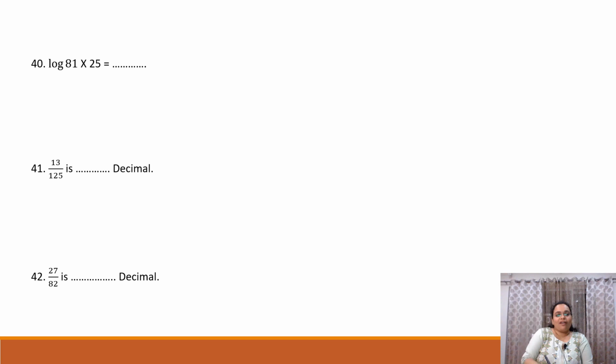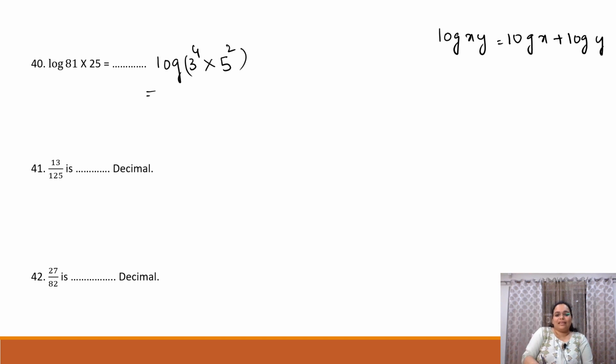Now let's see log 81 into 25. Let's write 81 as 3 power 4, into 25 is 5 square. So this is in the form of log xy, that is log x plus log y. That equals log 3 power 4 plus log 5 square.